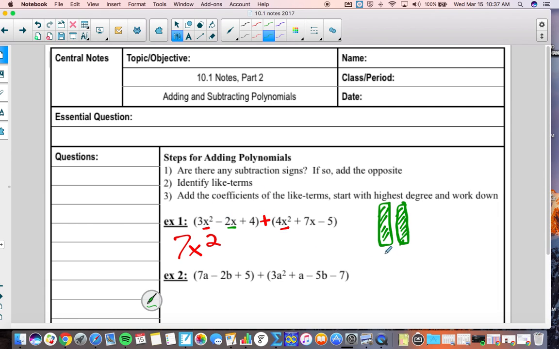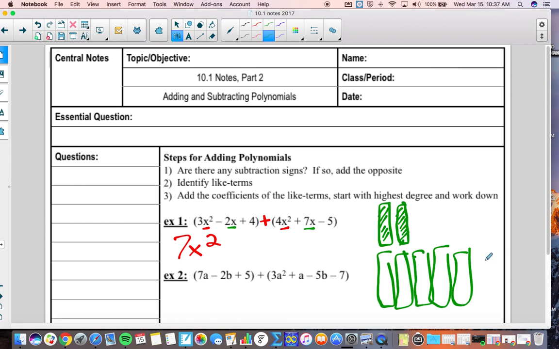So there's negative 2x's, and I'm going to combine that with, right here, I also have some x's. I have 7 of them, so that'd be 7 rectangles. Instead of this being 9x, a negative and a positive cancel each other out or become 0.